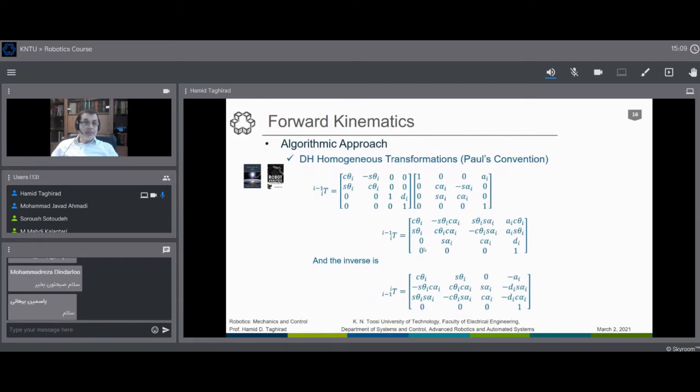Of course, in many examples, some of these parameters are simple, either 0 or 90 degrees or something like that, and this matrix will be much simpler than the general form. But in any case, if we have a link that has twist, has offset, has some angles, then we can have this transformation and find it from one joint to the other.